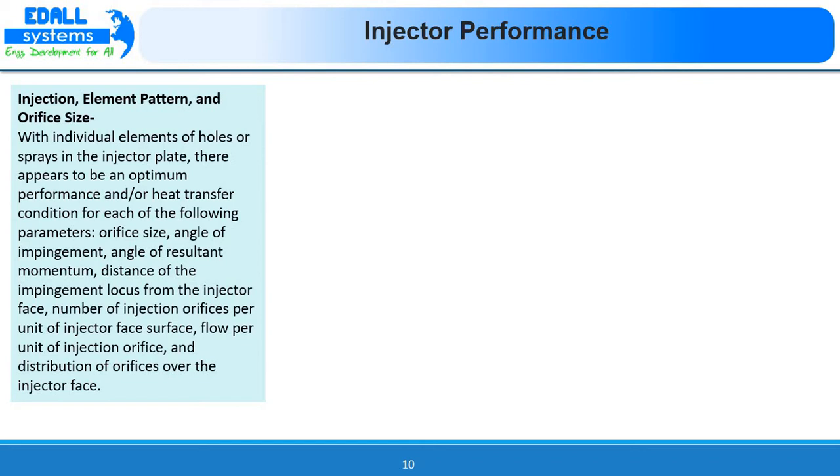With individual elements of holes or sprays in the injector plate, there appears to be an optimum performance and heat transfer condition for each of the following parameters: orifice size, angle of impingement, angle of resultant momentum, distance of the impingement locus from the injector face, number of injection orifices per unit of injector face surface, flow per unit of injection orifice, and distribution of the orifices over the injector face. So these are the different factors of injection element pattern and orifice size which will affect the injector performance.